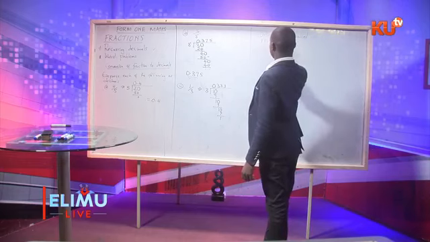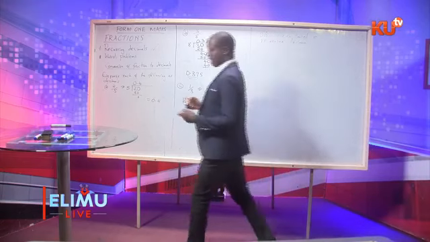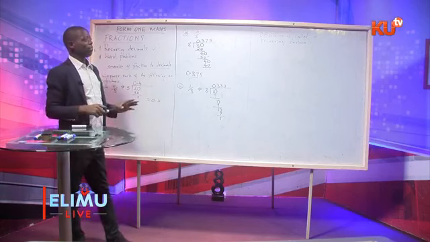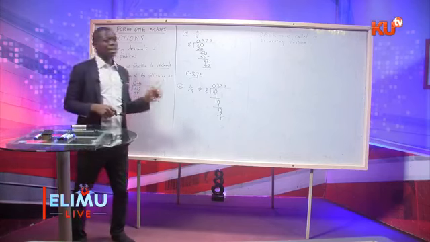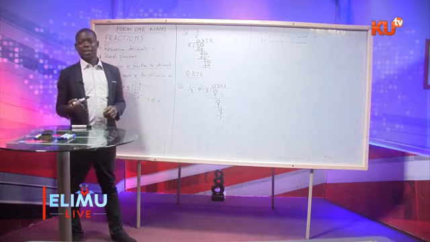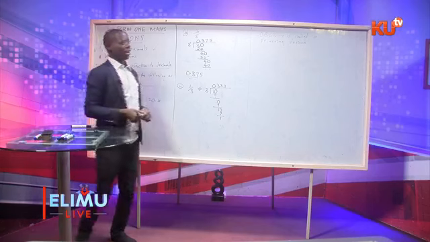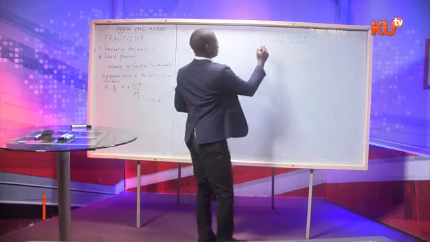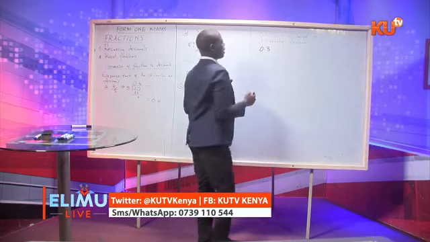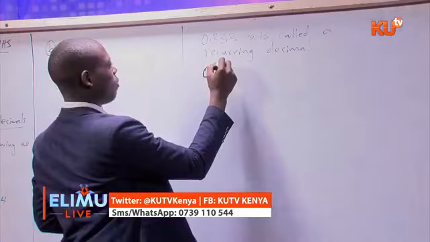Mathematically, when we talk of recurring decimals, these are simply decimals where a digit or a set of digits keeps on repeating themselves in the number during division. And as in this case, 3 is repeating itself. So we now write 0.3 with a dot on top of 3.